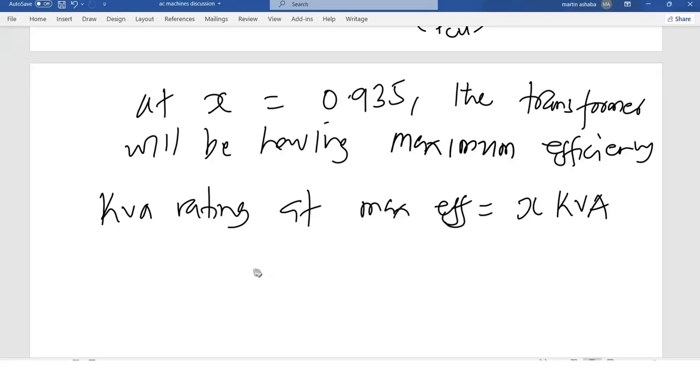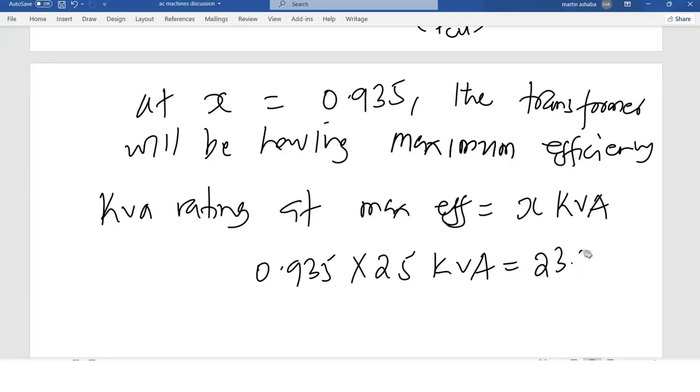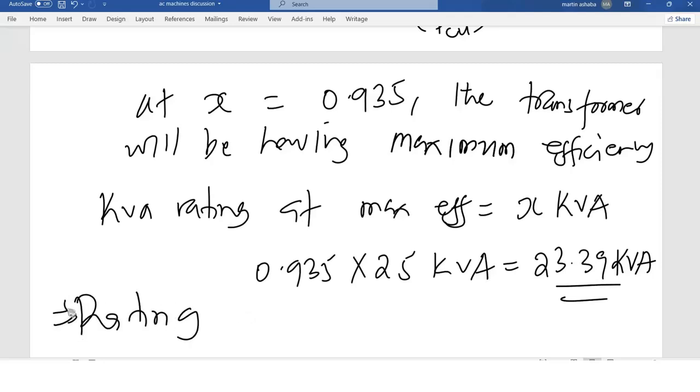So this is going to be 0.935 times 25 kVA. So here I'll have 23.39 kVA. So that is the rating of the transformer at maximum efficiency.